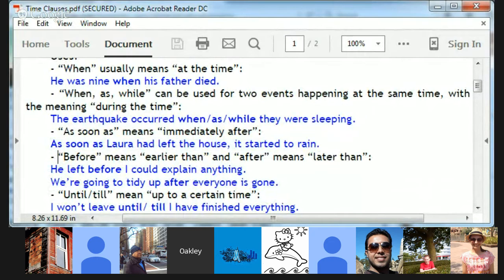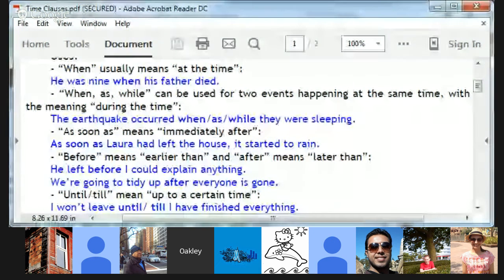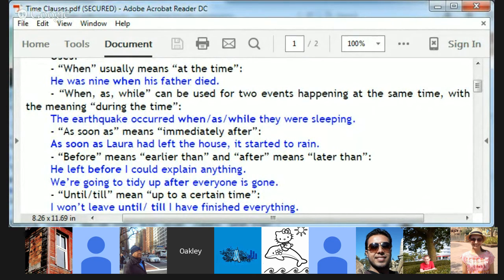Okay. Yes, Philip. Can I say, as soon as he come, I will leave? As soon as he comes, yeah, you have to conjugate the verb, but yes, as soon as he comes, because he comes is a present tense.